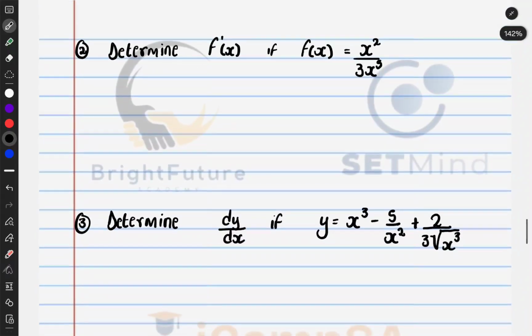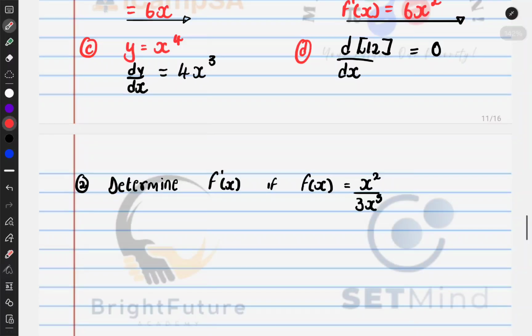First thing first, we need to simplify until we don't have variables in the denominator. So here we have x squared over 3x to the power of 5.